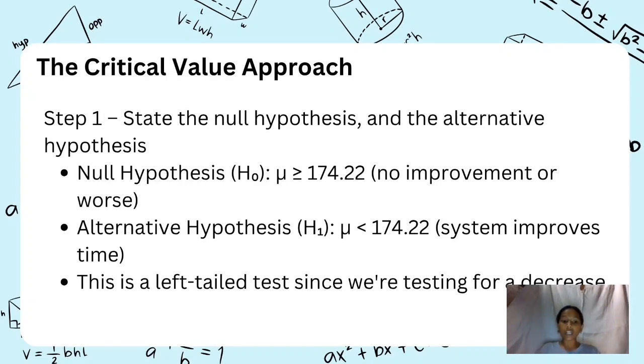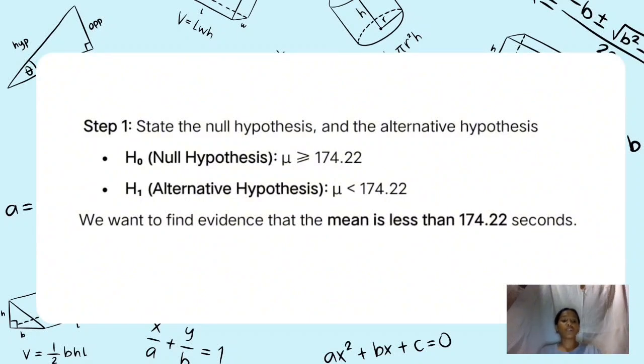In the critical value approach, we use the 6-step method. Step 1, we set our hypothesis. The null hypothesis states that the mean service time is greater than or equal to 174.22 seconds, while the alternative states that it is less than 174.22 seconds. We're trying to prove that the new system reduces time.